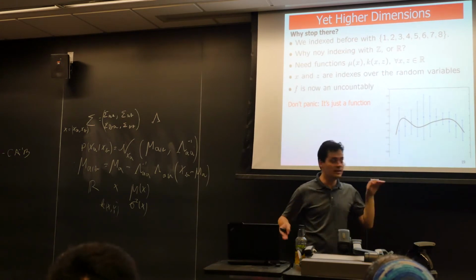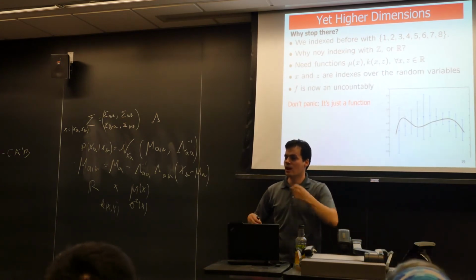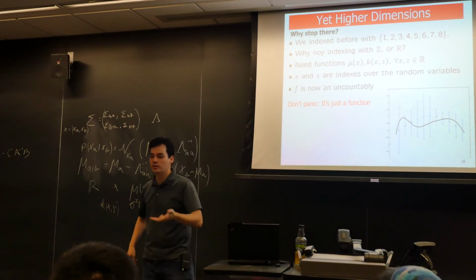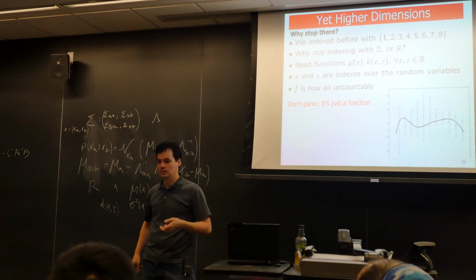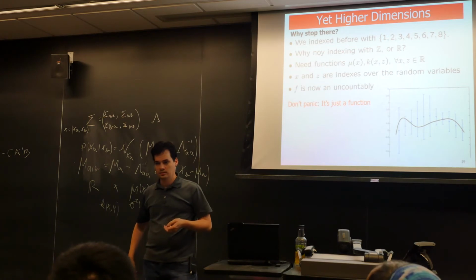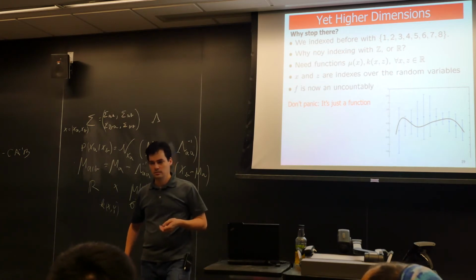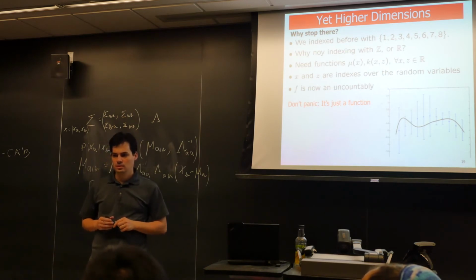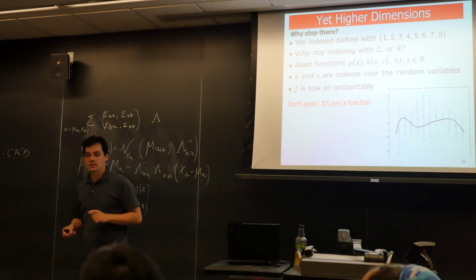And when the index set is the integer numbers, we have countably many dimensions. When the index set is the real numbers, we have uncountably many dimensions for that Gaussian distribution. So that means you have a movement from Z to R? No, it is R. So I've changed, right?